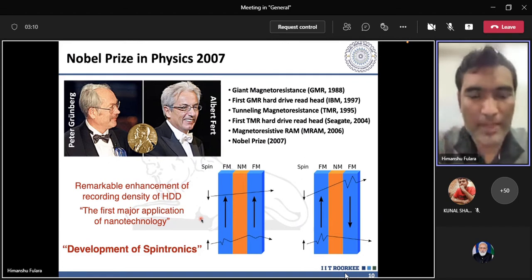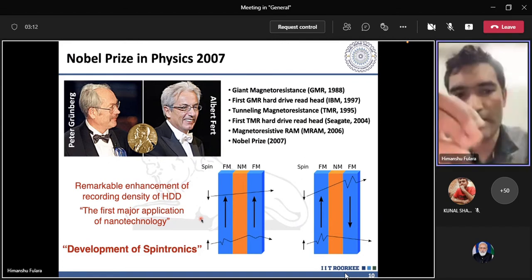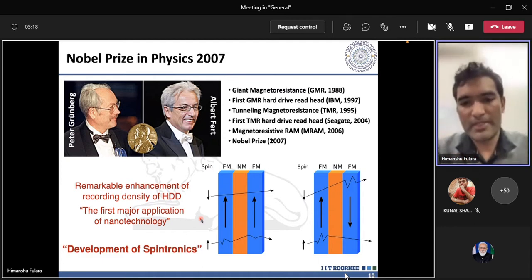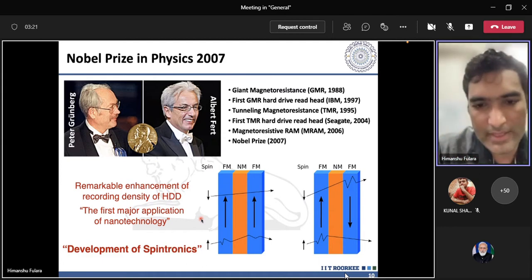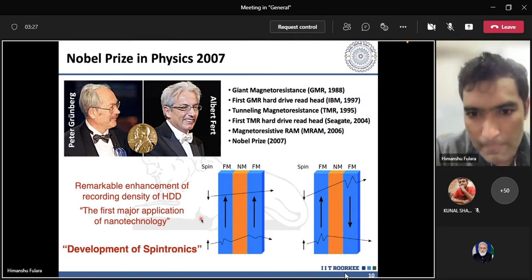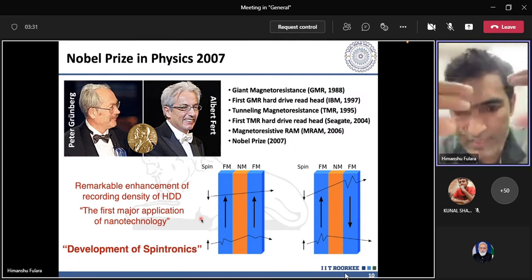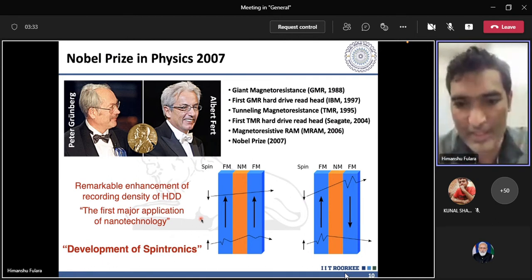It is happening because of the different density of states of the spin up and spin down electrons at the Fermi level. You can visualize this picture in this way. This spin up electron's energy band is interacting with the energy band of the electron in this ferromagnetic layer. When this interaction is happening, scattering takes place.